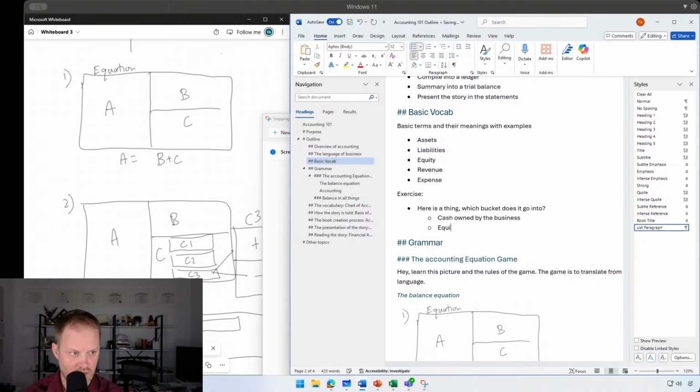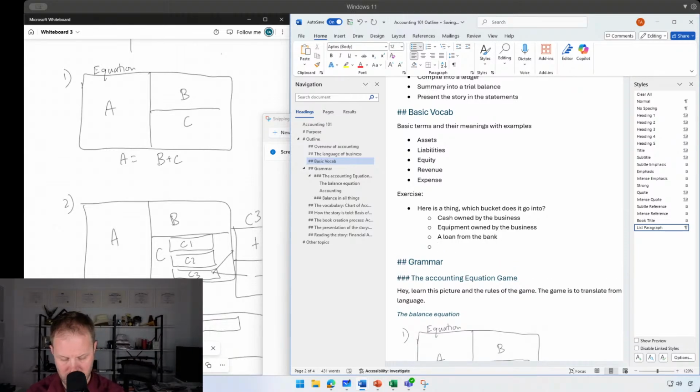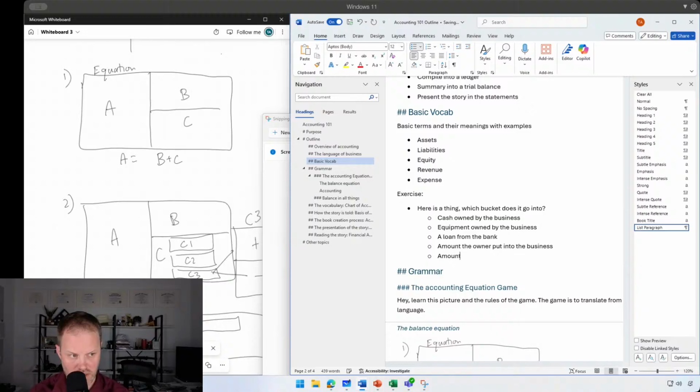Equipment owned by the business. A loan from the bank. Amount the owner put into the business. Amount the owner took out of the business.